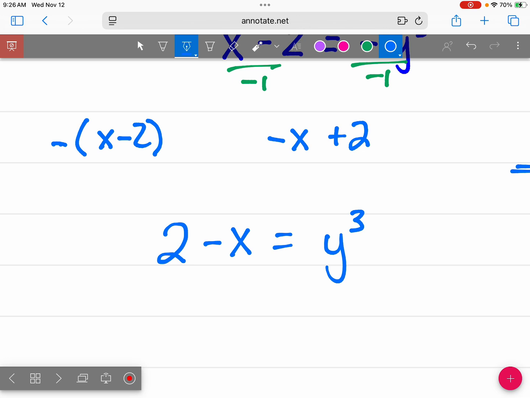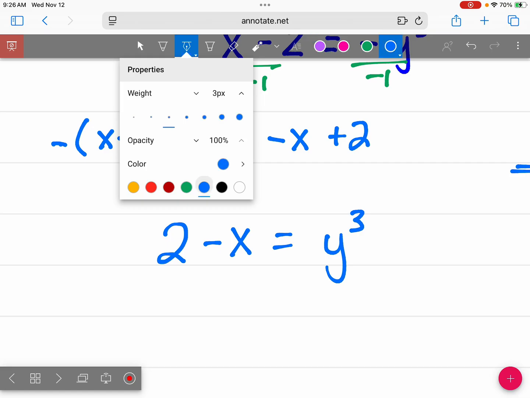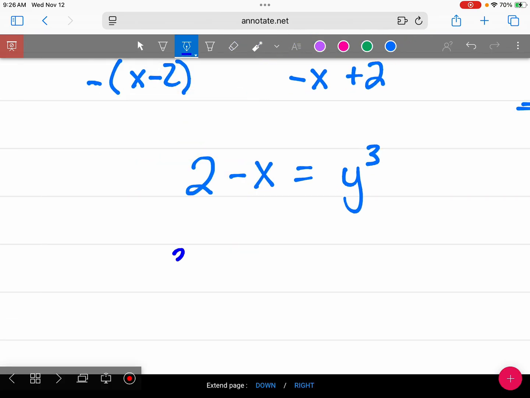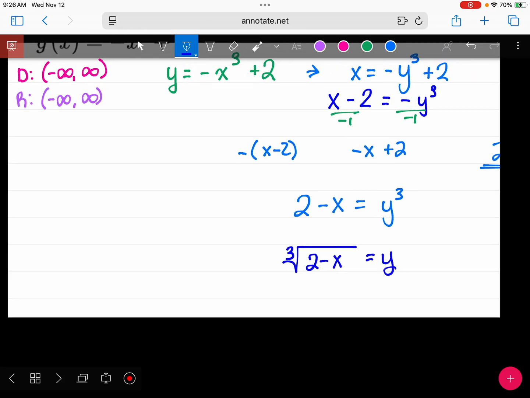One last step. What do I do to get y by itself? Cube root. So we're going to have our cube root of 2 minus x, or the cube root of negative x plus 2, or the cube root of negative quantity x minus 2. Any of those will work. And that's our y, or our inverse of g of x.